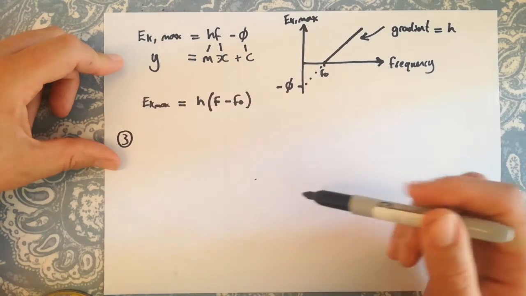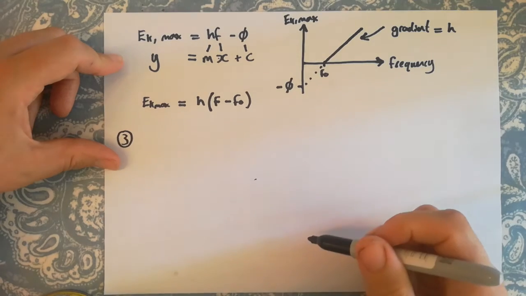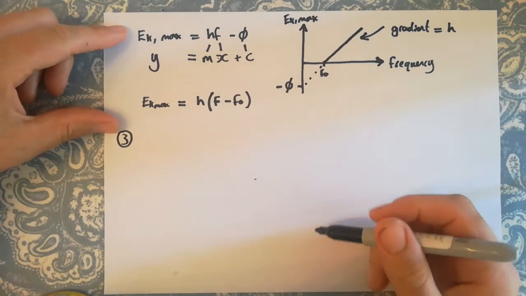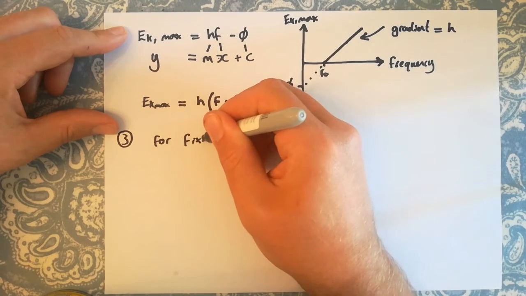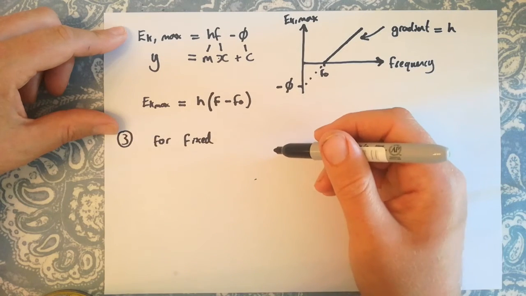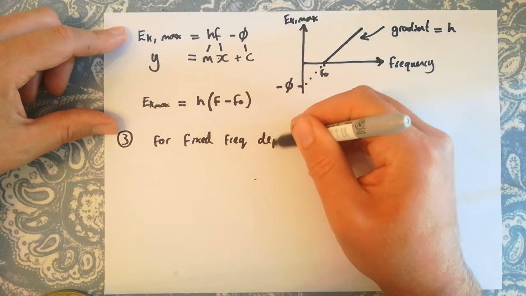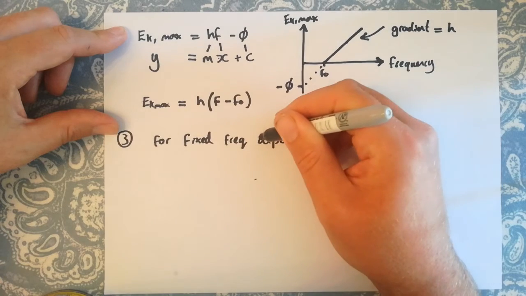To finish off, there were two further observations. The third observation was that for a fixed frequency, the electron current depends on the intensity.